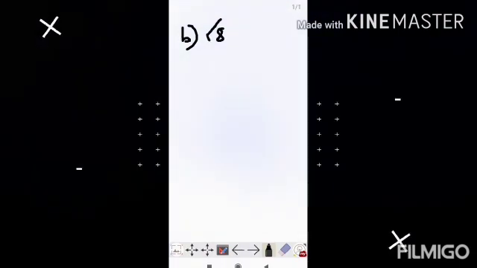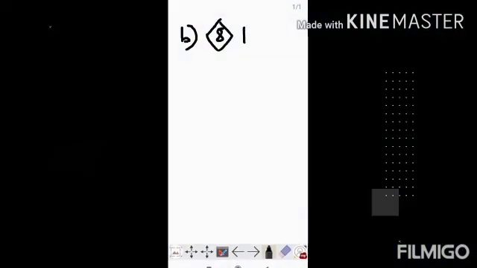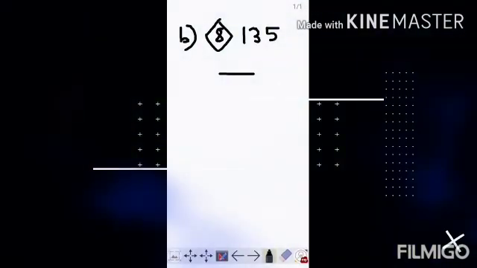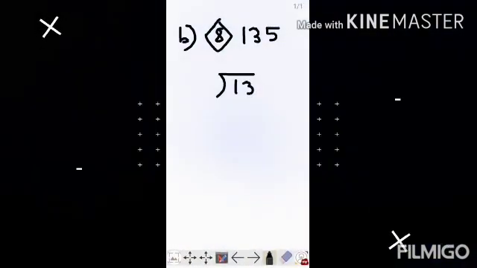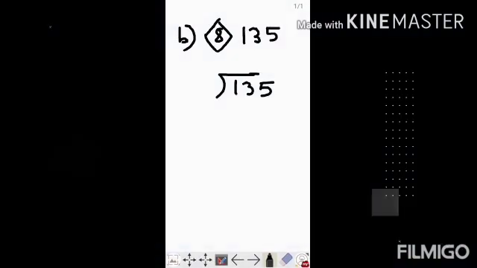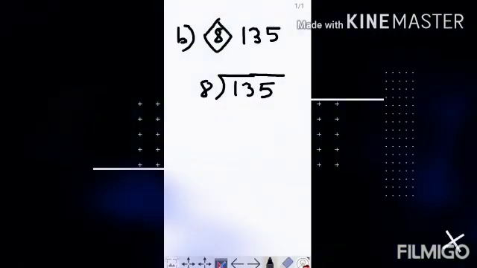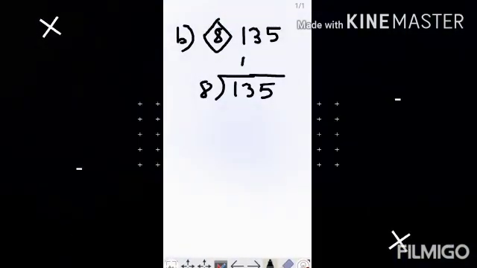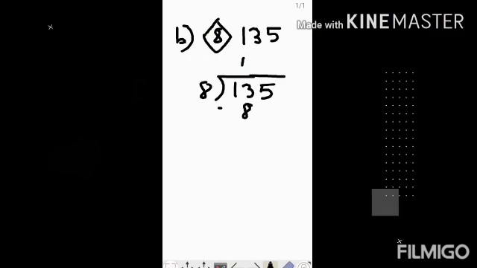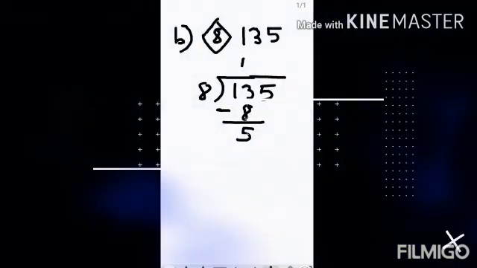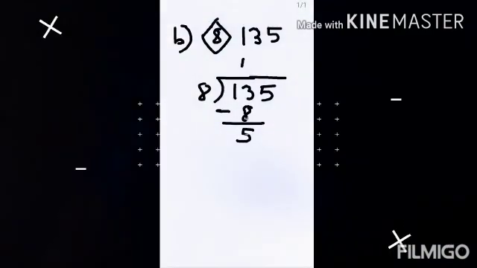One more example we will see. Example B. The number in the diamond shape is 8, and outside it is 135. So we have to check whether 8 is a factor of 135 or not. So we will divide 135 by 8. You will do the division properly. 8 ones are 8, and we will subtract 8 from 13. So you will get the remainder 5. Then we will bring 5 down here.